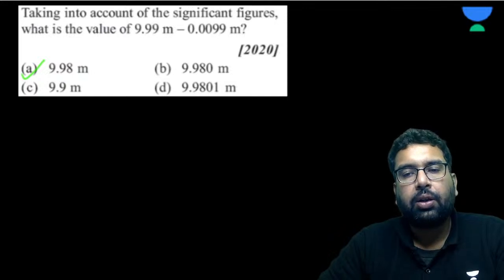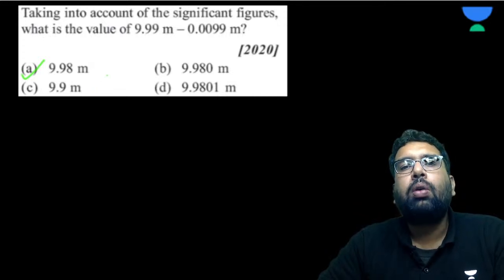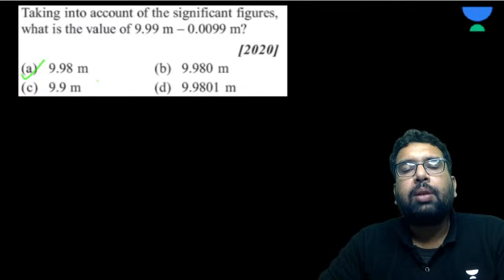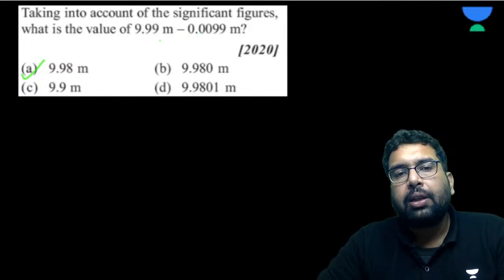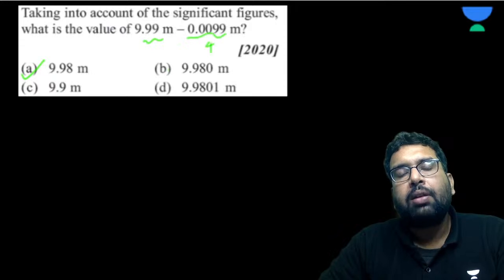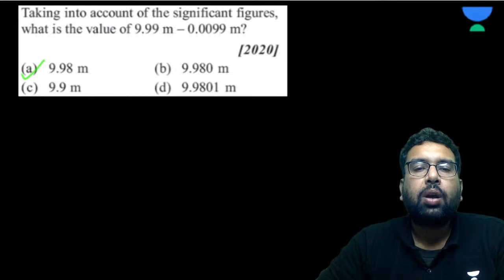This is what the rule says. So 9.99, how many decimal places are there? 2. How many decimal places are there? 4. So the final answer must have only 2 decimal places. So that is your A option.